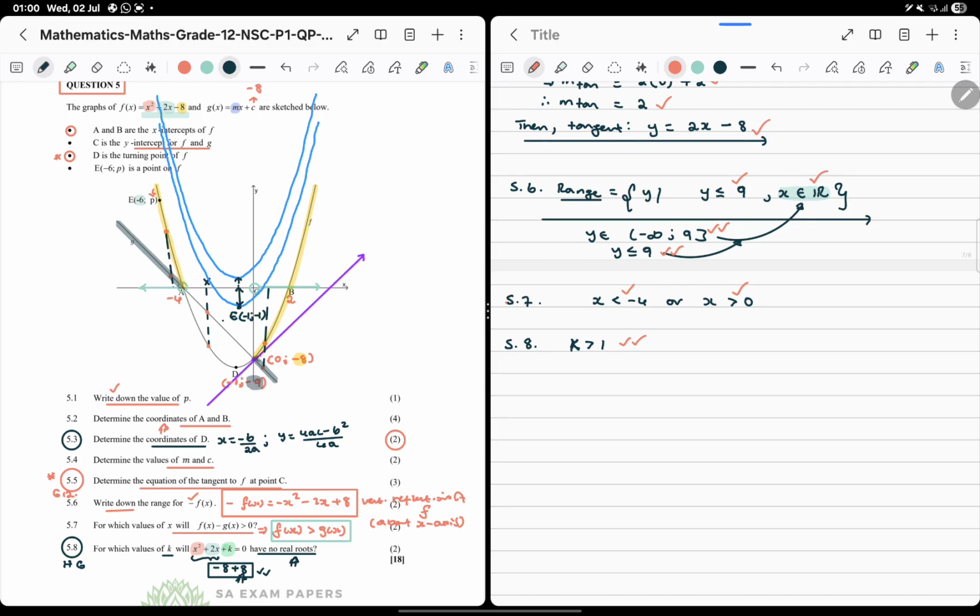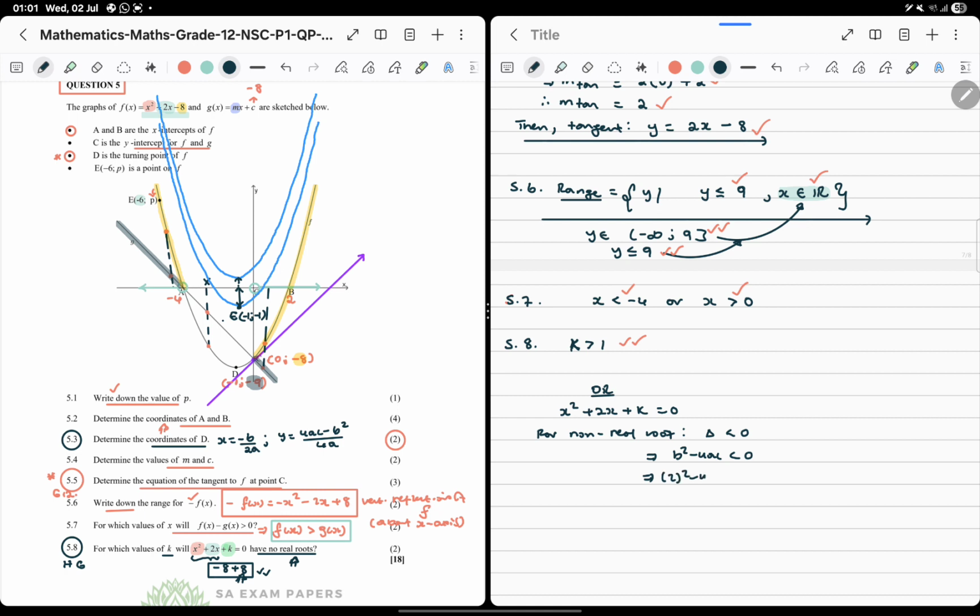Because if we add more than 1 unit, that graph, as it is, will have shifted upwards. Or alternatively, one can use nature of roots, because nobody said use the graph only. So we know that x squared plus 2x plus k equals 0. We can just say for non-real roots, the discriminant is less than 0, which implies that b squared minus 4ac must be less than 0.